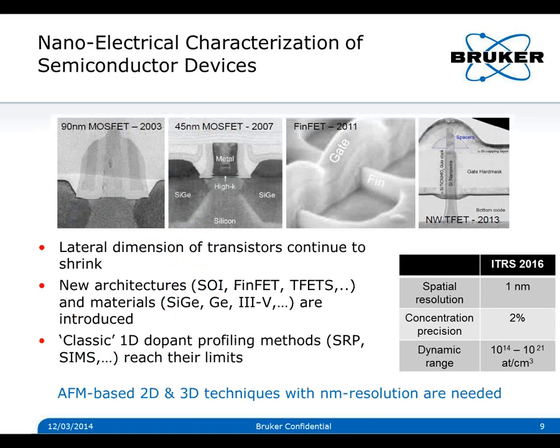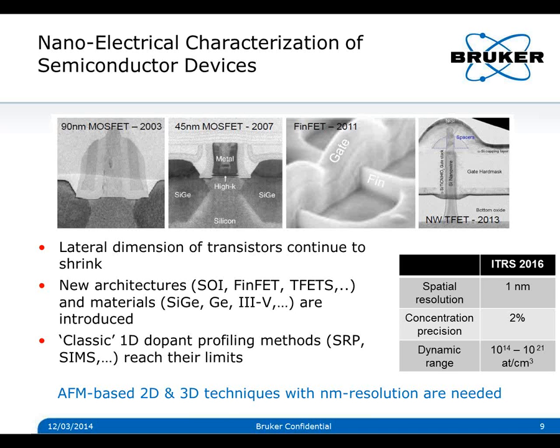So moving back to the topic of the webinar, which is focused on semiconductor devices, there's a couple of pictures shown here that show the evolution of semiconductor devices over roughly 10 years, which is obviously hard to do in 4 images only, but it gives an idea of where the dimensions came from, 90 nanometer about 10 years ago, and what they are today.